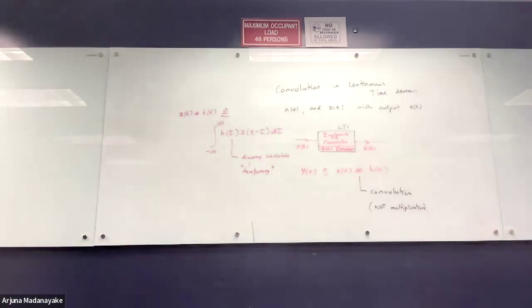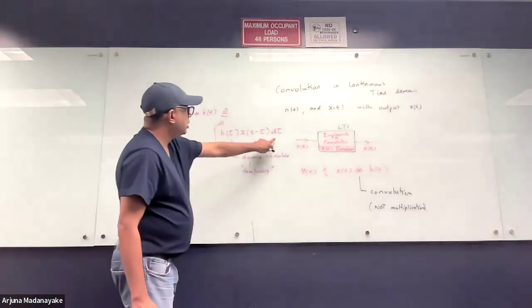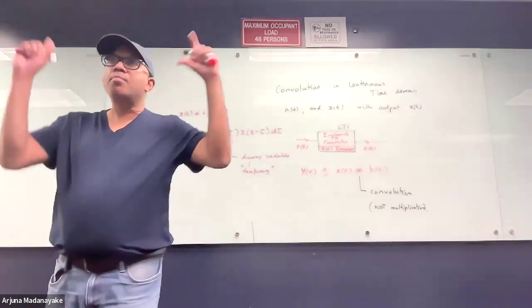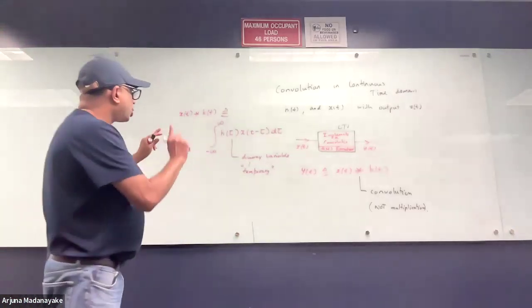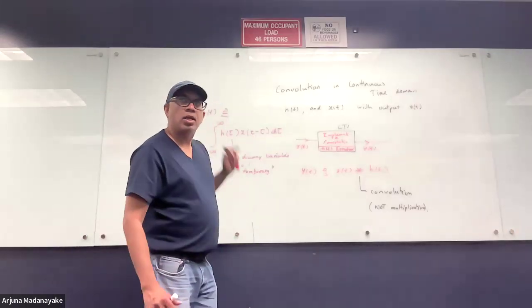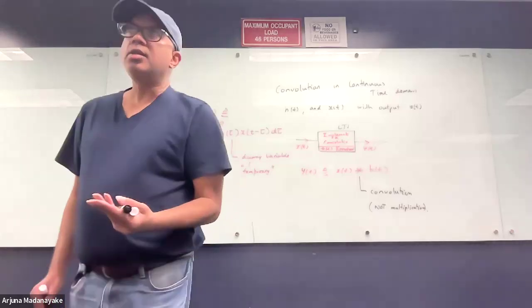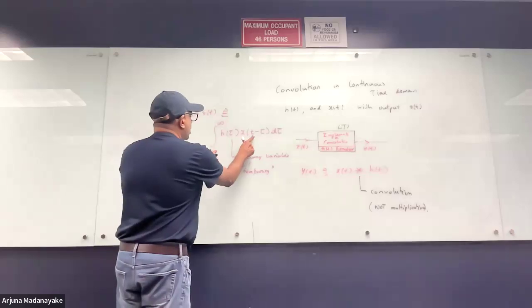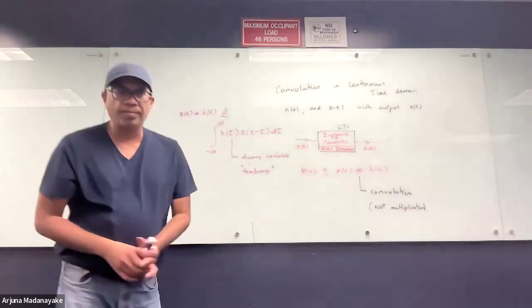So convolution is an integration. It goes in the limit of minus infinity to plus infinity in this time-like variable tau. It's not time, but it's a temporary time-like variable, which we use to get an output that is a function of time. So the output of the integration along tau is a function of the independent variable t.